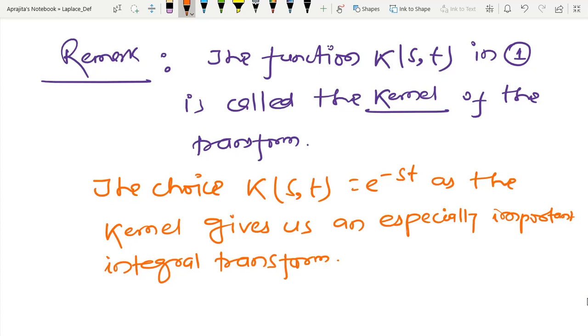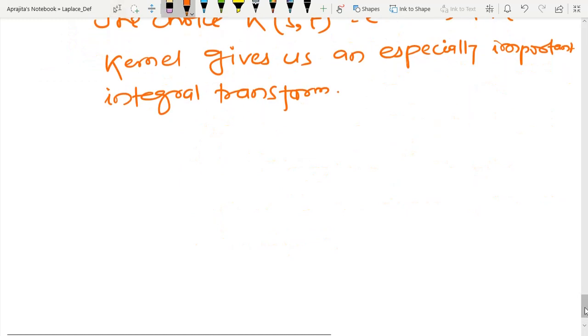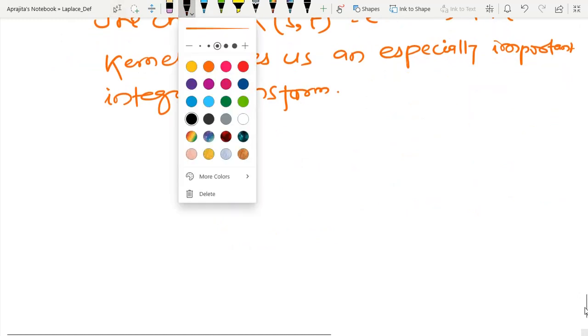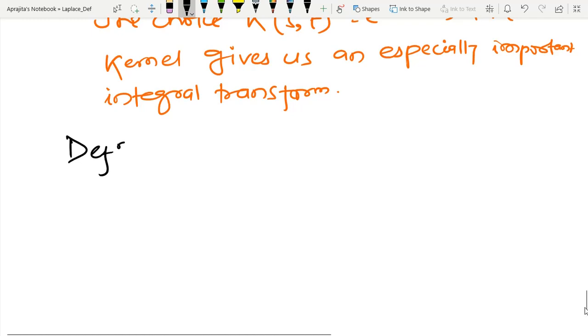Due to that reason, I think they guessed this kind of function. So once you fix the kernel, now I have a very special definition. I am going to write that, and this is the definition of the Laplace transform.